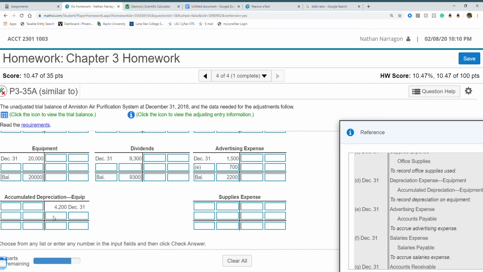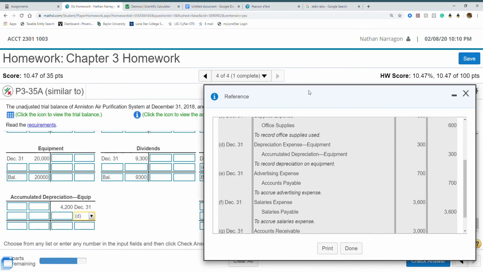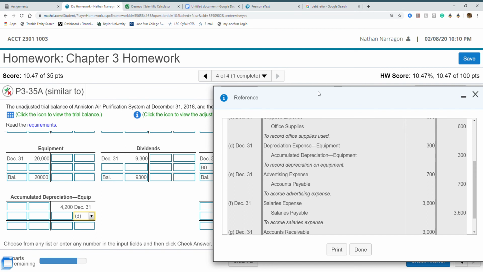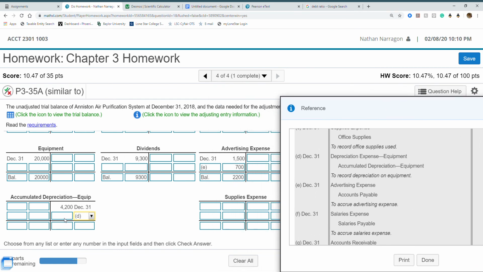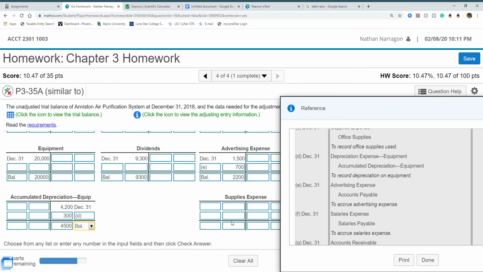Okay, cumulative depreciation. There it is, part of D. It is a credit. And again, that was 300. Easy balance, 4,500. Balance.